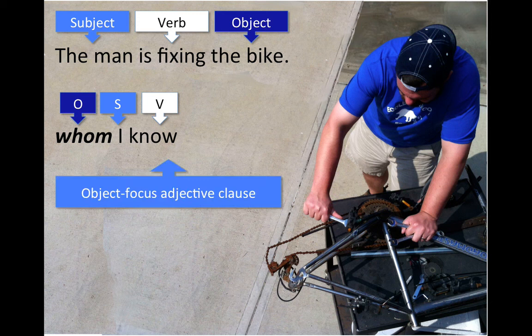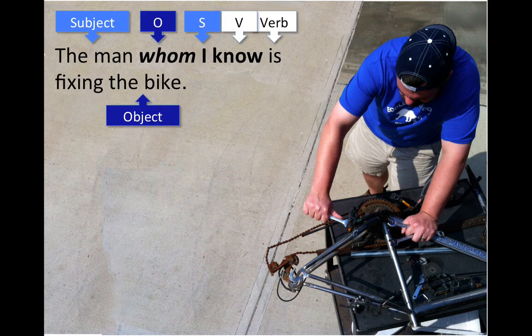Again, we're going to use this to modify the subject in the main clause. So when we move the relative clause, the adjective clause, up into the main clause, it looks like this. The man whom I know is fixing the bike. So again, an object-focused relative clause, "whom I know." We know "whom" is the object because "I" is the subject, and we know the man was the object in the original sentence.